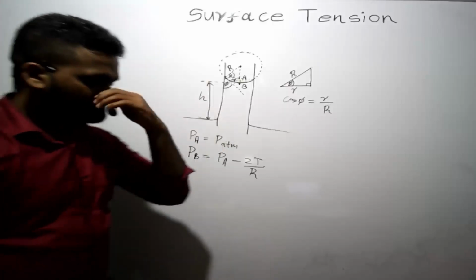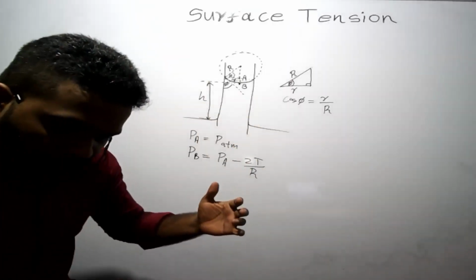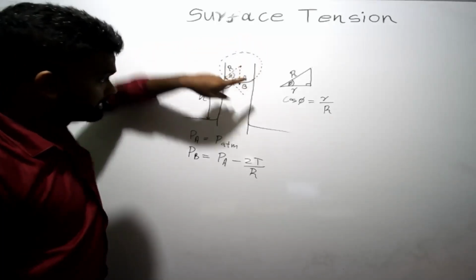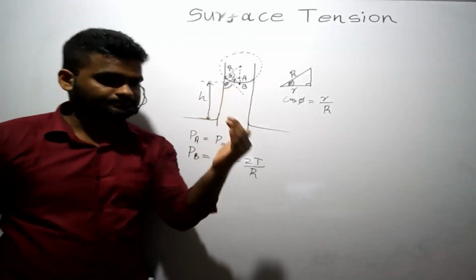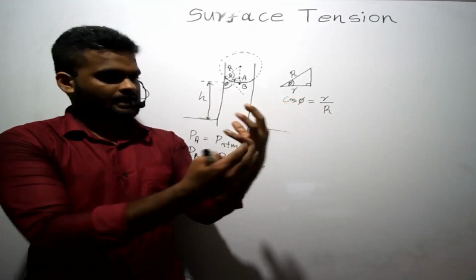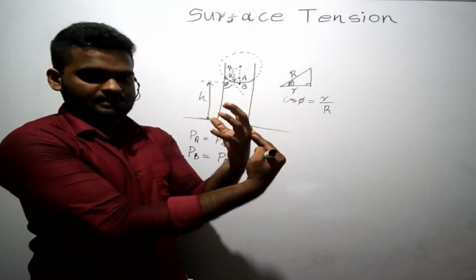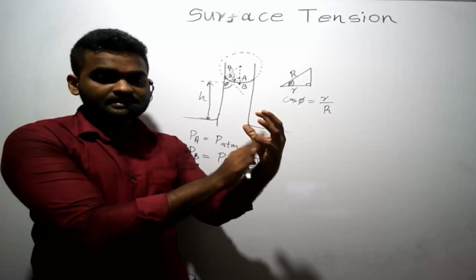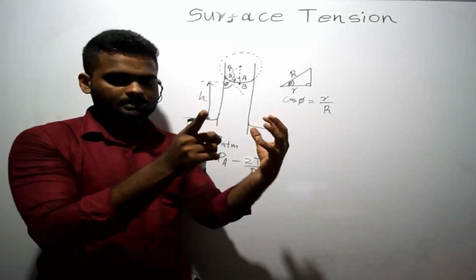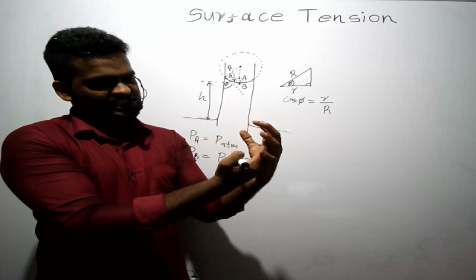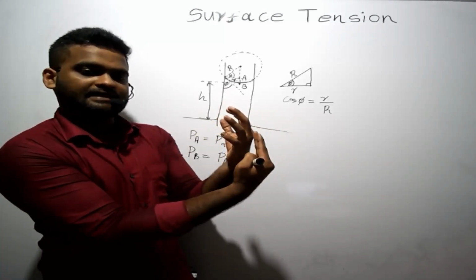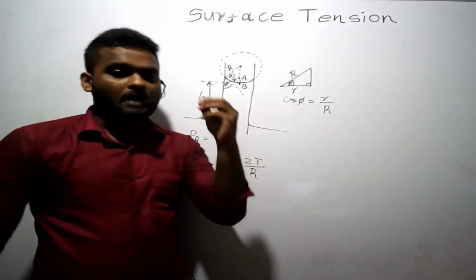Do you remember, always at this side pressure is higher, at here pressure is lower. So whenever you take a meniscus or something like this, here pressure is less, here pressure is higher. Remember the water drop or the soap bubble? Always inside the curved side, pressure is higher. At the other side, pressure is lower. By how much?